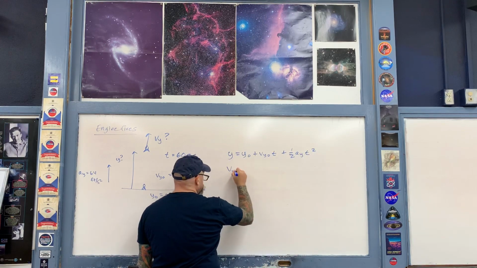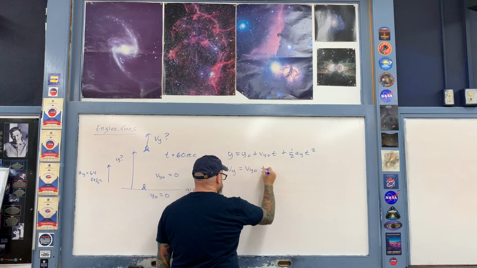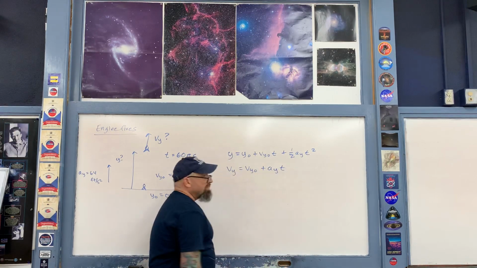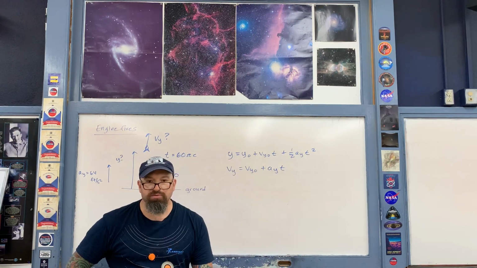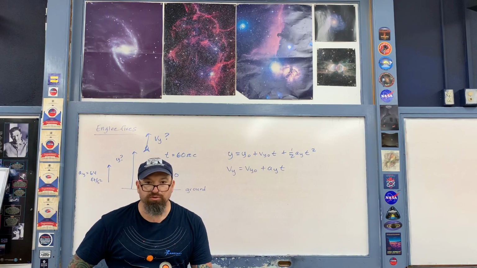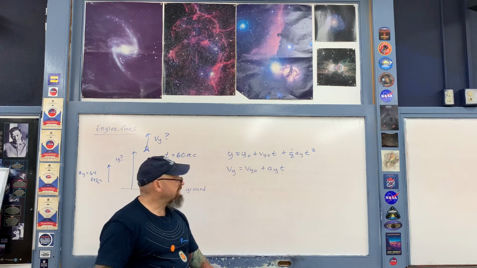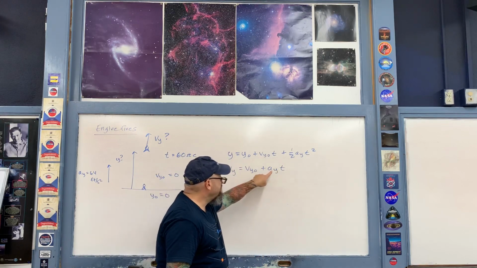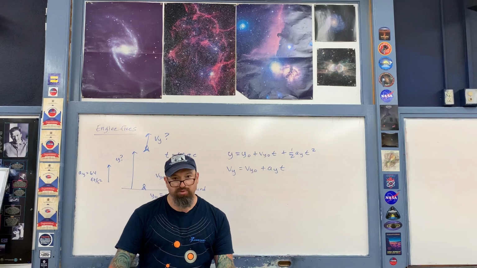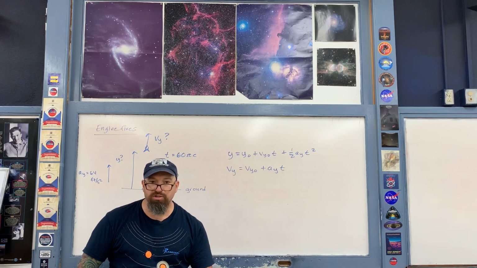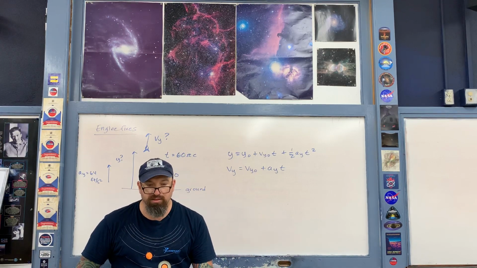And here's the velocity equation. Notice that these equations are still written in terms of y because I'm using the vertical direction, but these are not the free fall equations. The reason for this is because the acceleration is upwards here at a value of a sub y equal to 64 feet per second squared. But these are the same expressions, of course, that we've been working with throughout the entire unit.